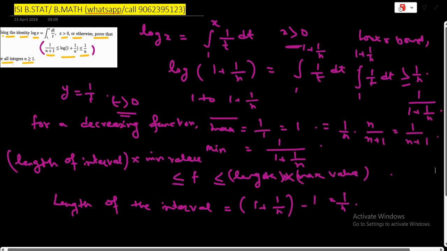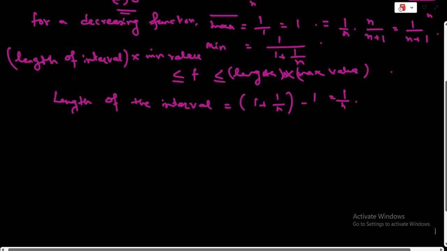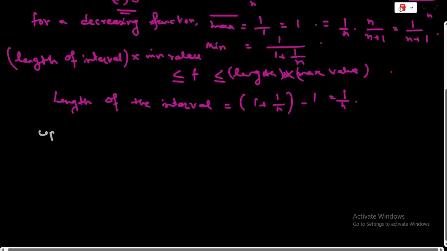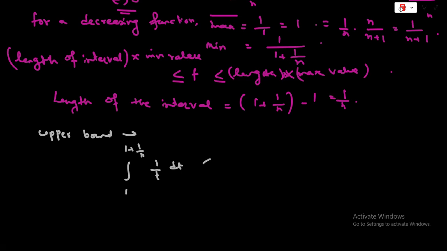And now come back to the upper bound. The upper bound is integration 1 to 1 plus 1 by n of 1 by t dt, which is less than or equal to 1 by n into 1, that is 1 by n.